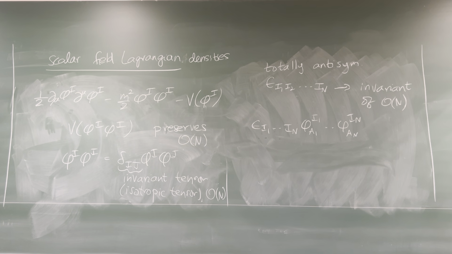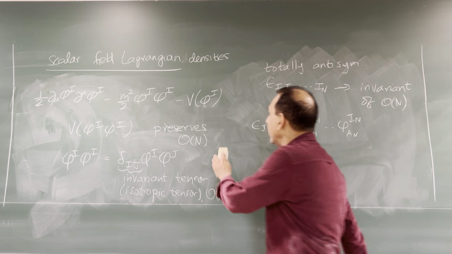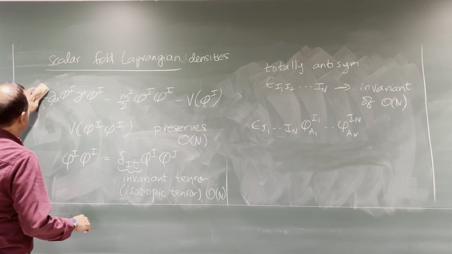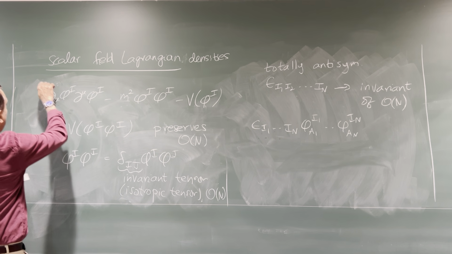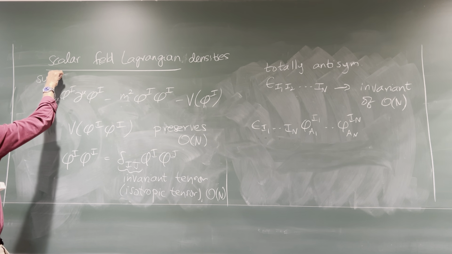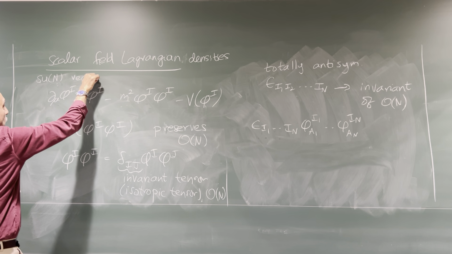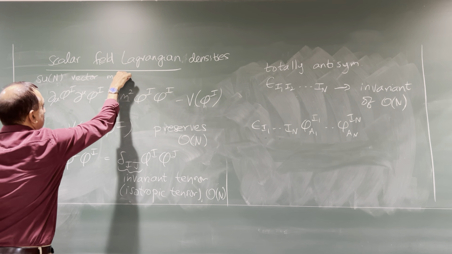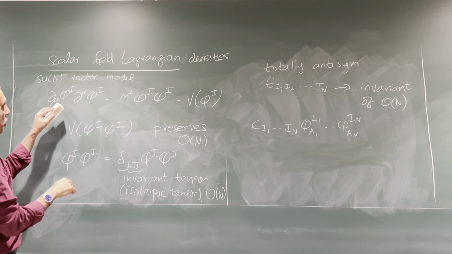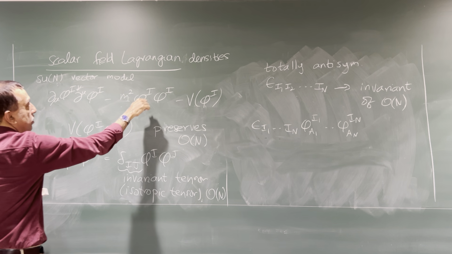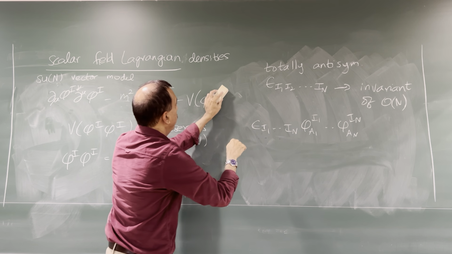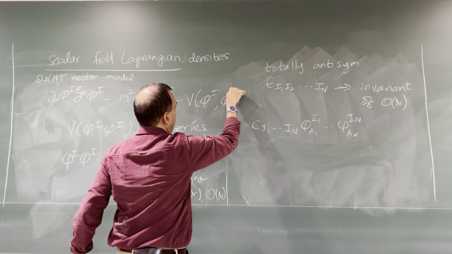Okay. And the last thing I want to say before I close is what happens for SUN, where it's a similar story, but it's a little different in an interesting way. So of course, the SUN vector model is just this, but I should put stars here, and then I have to have V of phi I and phi I star.